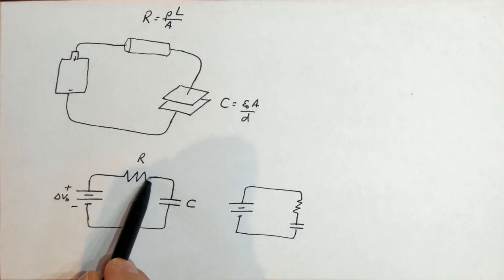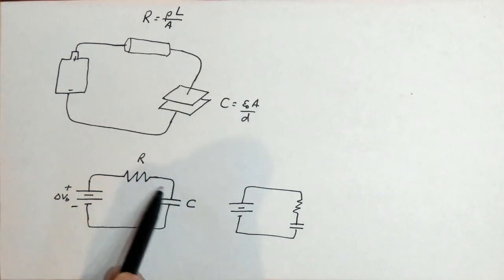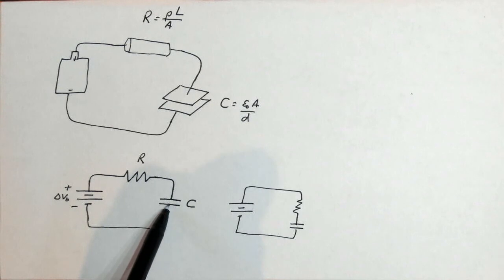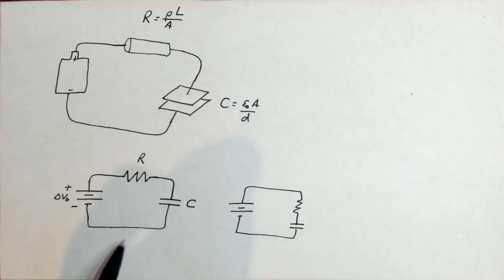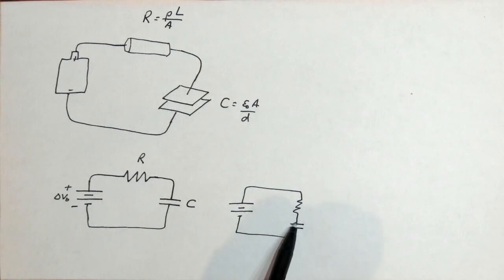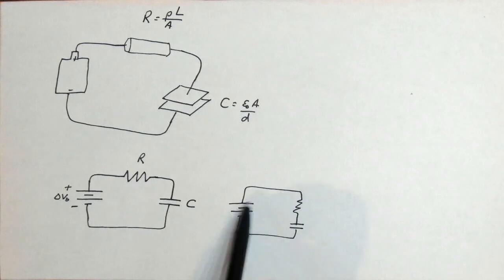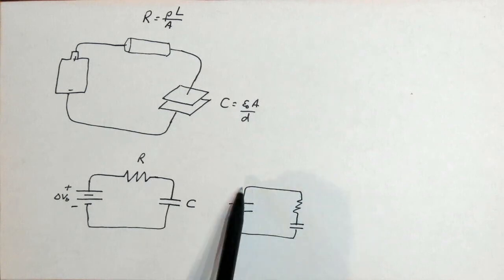And then there is one wire connecting the other side of the resistor to one side of the capacitor with no junctions or any other elements in between. And then one wire connecting the other side of the capacitor to the battery with no junctions or anything else in between. And so this satisfies those conditions. One wire connecting, and one wire connecting. So the orientation of the elements doesn't matter as long as the basic conditions are met.